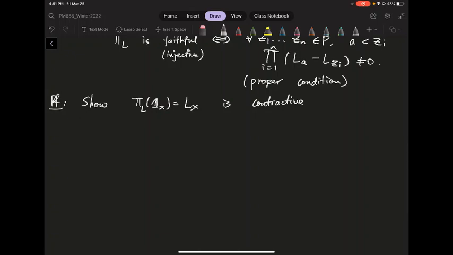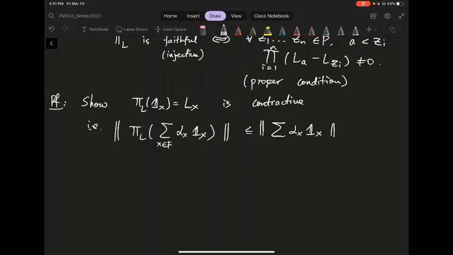What you need to show is that if you take any typical element, the summation of alpha_x 1_x, where x comes from some finite set, the norm of the version where you replace all the 1_x by L_x is less than or equal to the norm inside the diagonal algebra of the sum of alpha_x 1_x. On the left hand side is a bunch of L_x, on the right hand side is a bunch of 1_x. That's essentially what you need to do.